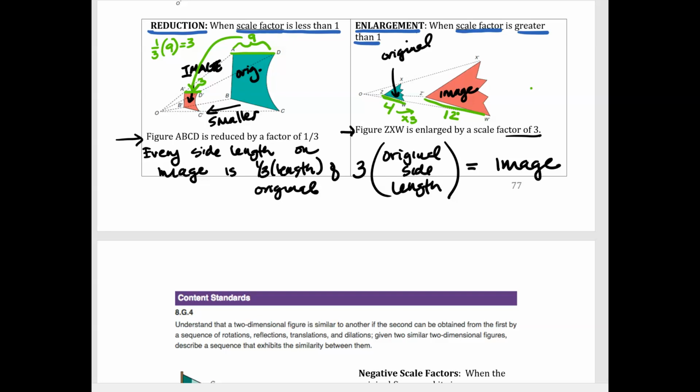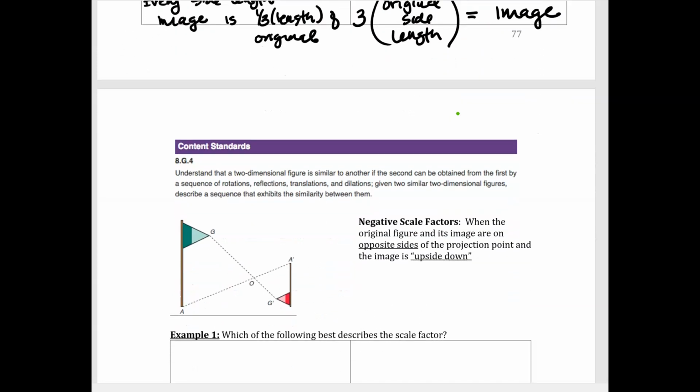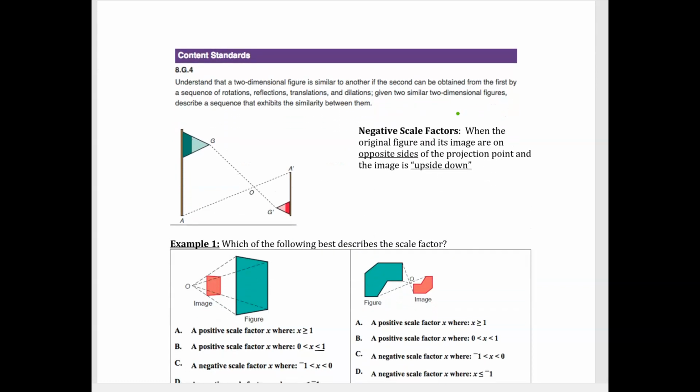So I'm just going to scroll down here. In terms of content standards, let's talk real quick about where you're going to see this teaching wise. In this number right here, this 8, this tells you that in 8th grade, students do full similarity.